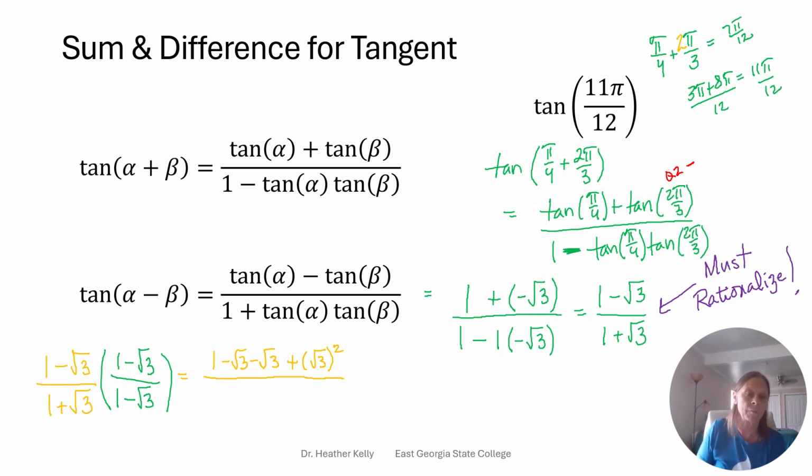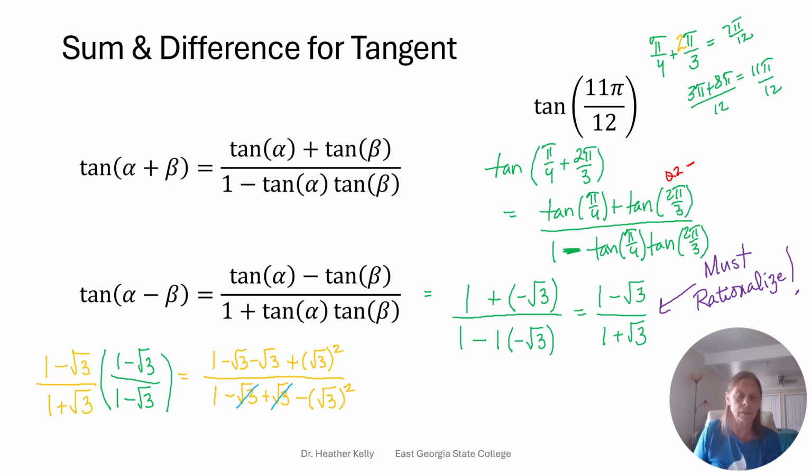And then doing the bottom, I have 1 minus the square root of 3 plus the square root of 3 minus the square root of 3 squared. Now, be careful when you do this. If all of the radicals do not go away in the denominator, you chose the wrong conjugate, okay? So that's a good way of always telling.